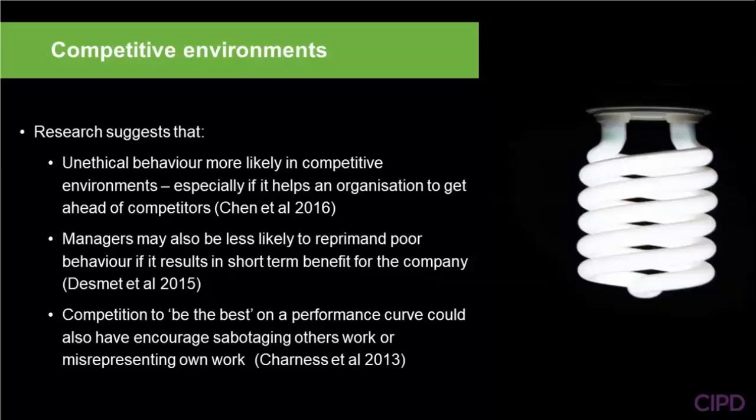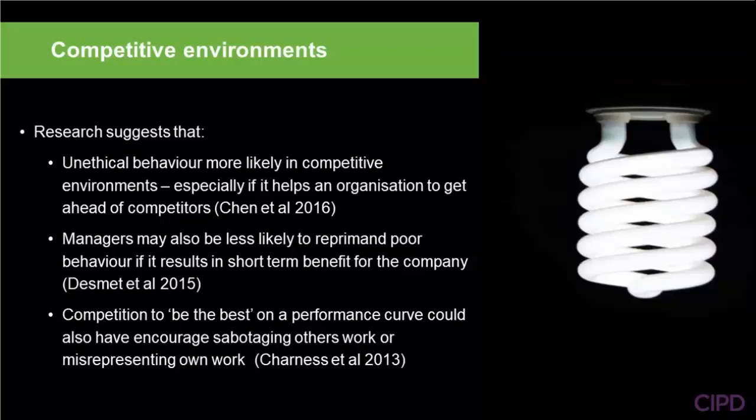And there's some really interesting research in this area that suggests that if organisations are in a competitive market, unethical behaviour that's pro the organisation, so for example, might help them get ahead in sales, but maybe not in the most ethical way, it's actually more likely that that's going to happen. And not only that, there's other research that suggests that in that sort of situation, managers might be hesitant to reprimand people for that behaviour, especially if it results in short-term benefit for that company.